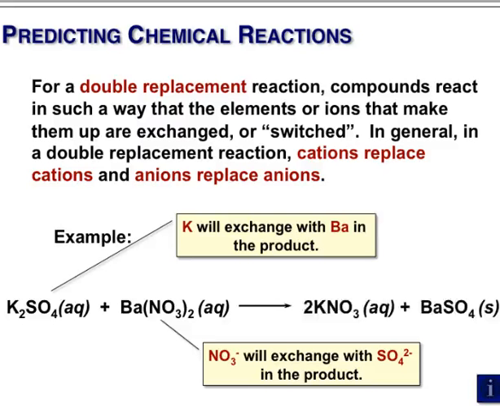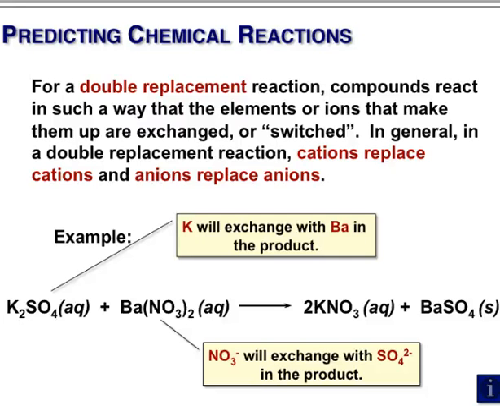Now, what I want you to notice here is that we've started off with 2 aqueous solutions, right? We wound up with potassium nitrate in aqueous solution. But what's this little s here? That's a solid.